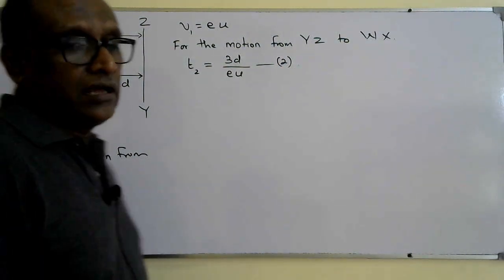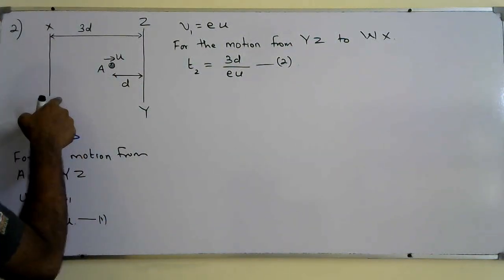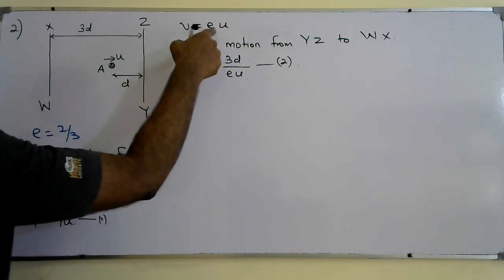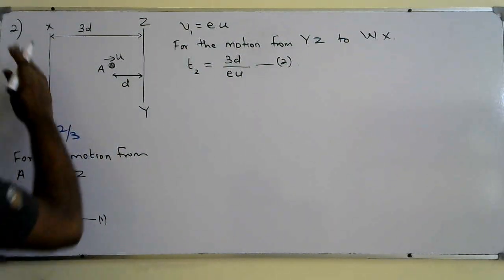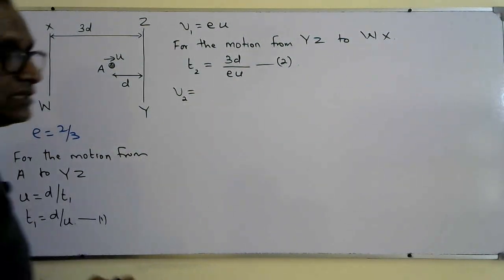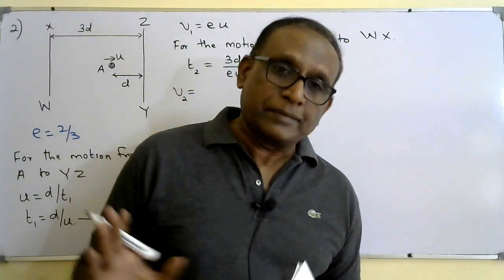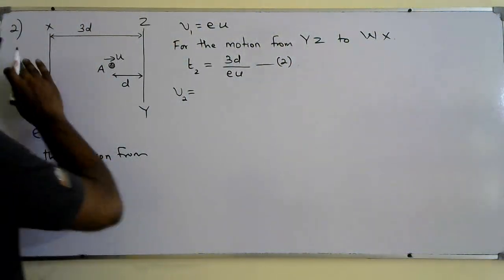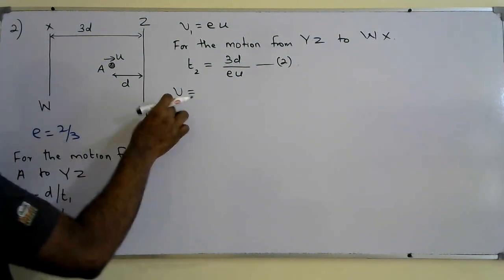Now what will be the speed? It's going to approach WX with a speed Eu, that is v1. What will be the speed after collision from WX? Speed of separation, because the wall is at rest, the speed at which it's bouncing off relative to WX is v2.